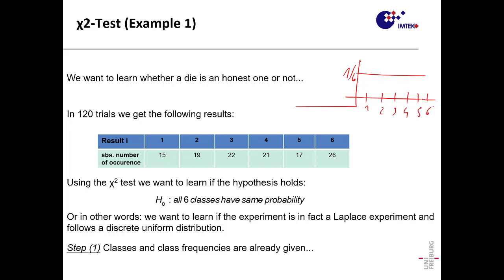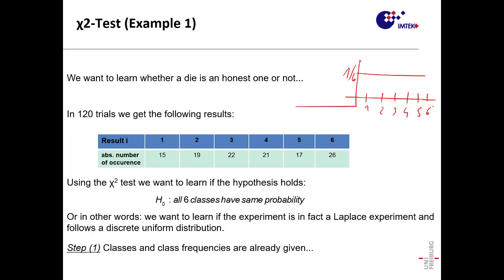So we have 6 faces of the die. If you throw it, all of the faces with an honest die should have a 1/6 probability to happen, okay? So, let's say that we have a die and we don't know if it's an honest one, and we want to test if it follows a flat distribution or a uniform distribution. It should actually be an honest die.